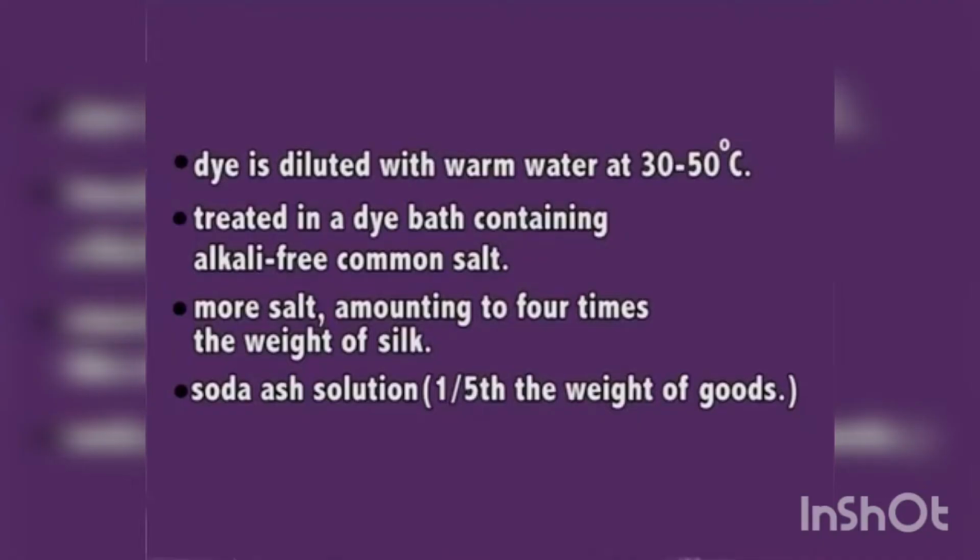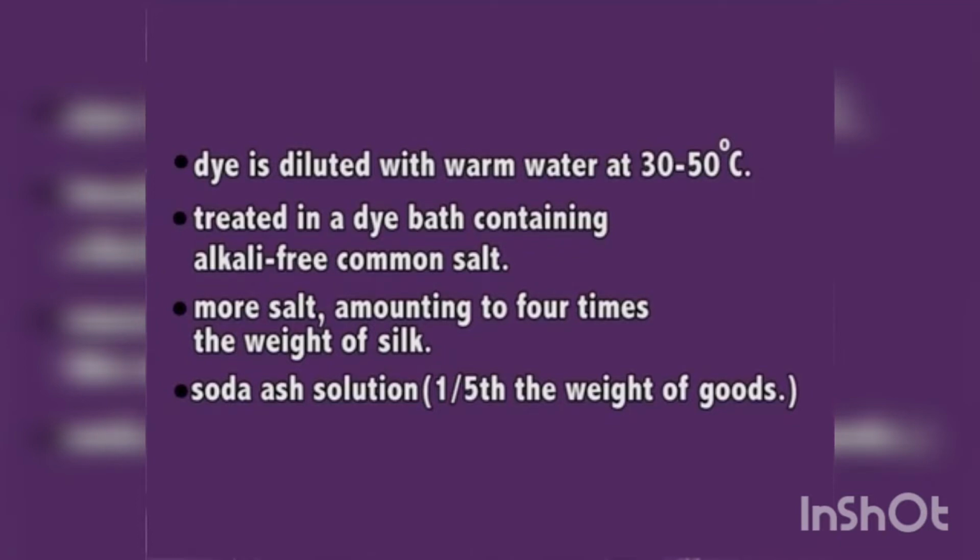Alkaline dyeing method. The dye is diluted with warm water at 30 to 50 degrees centigrade. Silk is then treated in a dye bath containing alkali-free common salt.